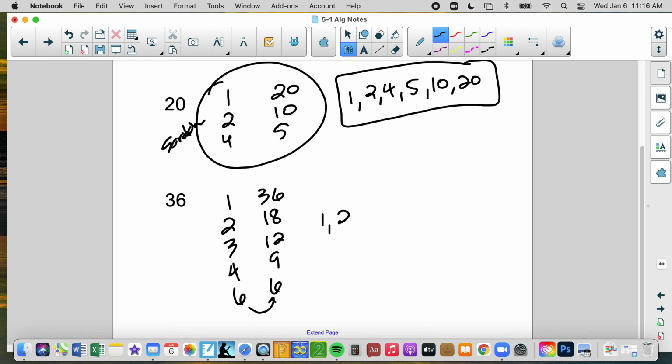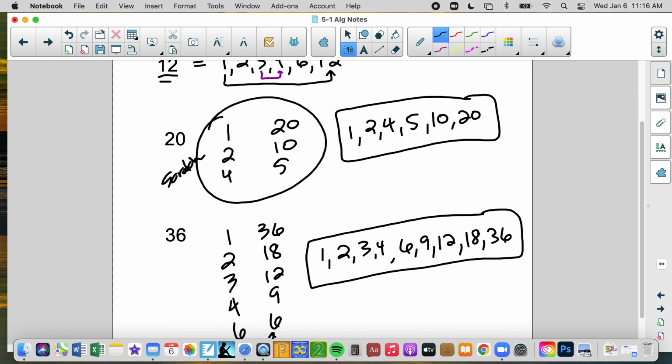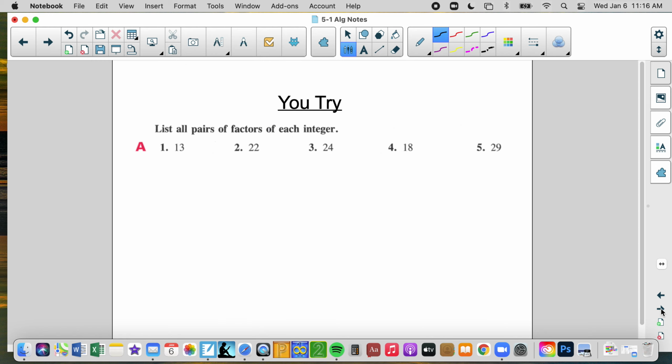So when I list them, 1, 2, 3, 4, 6, 9, 12, 18, 36, you notice that I didn't write 6 twice because I want each unique and individual number that goes into it. There would be no reason for me to list 6 twice. That would be redundant.